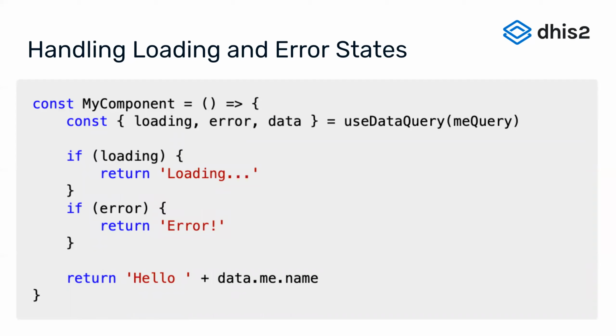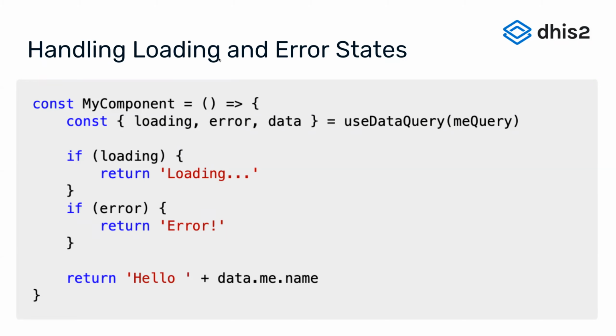So as I mentioned, when you use useDataQuery, you get a few things back in the object that's returned by that hook. One is a loading variable, one is an error variable, and one is a data variable. For those of you that aren't that familiar with React and specifically with functional components or hooks in React, this can be a little bit confusing because it looks like you'll only ever get one answer from this function.